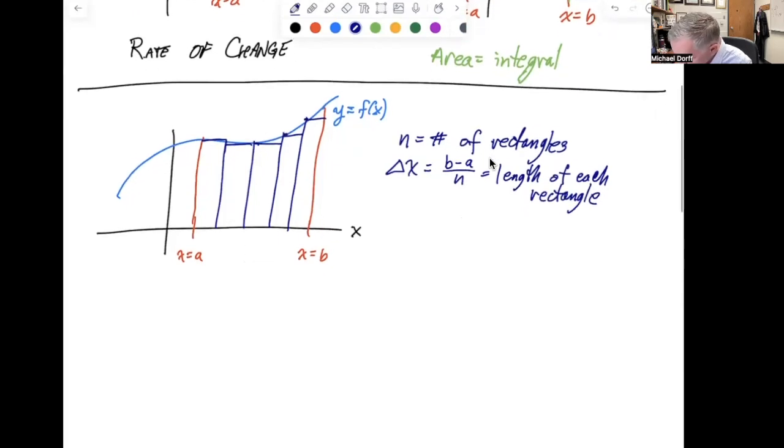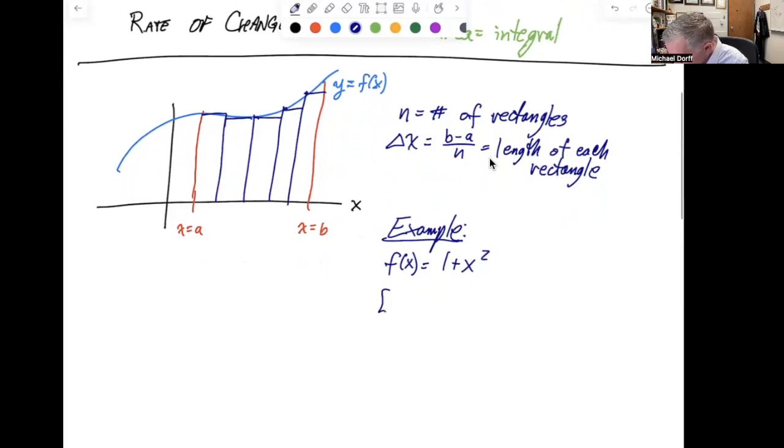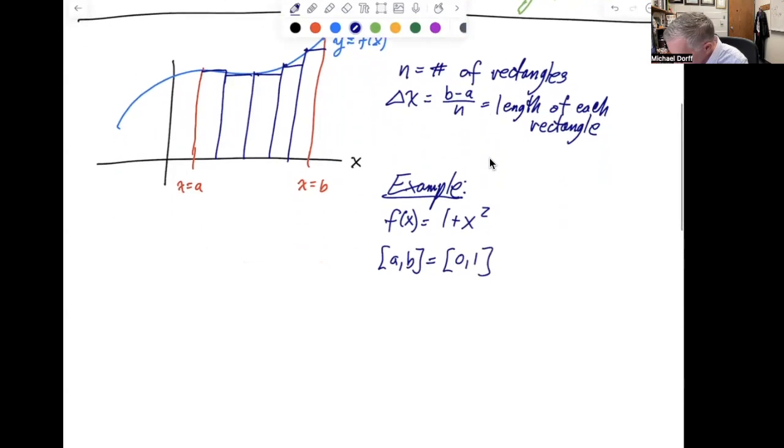All right, so for example, like we had before, if my function is 1 plus x squared, and I'm going to have a to b going from 0 to 1, then b minus a over n is 1 minus 0 over n, which is 1 over n.